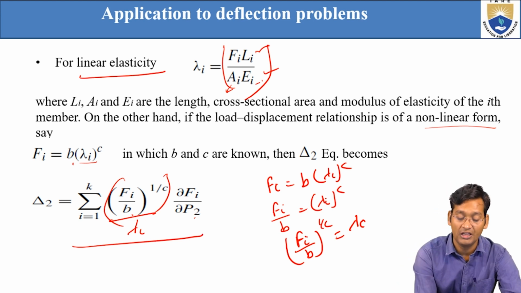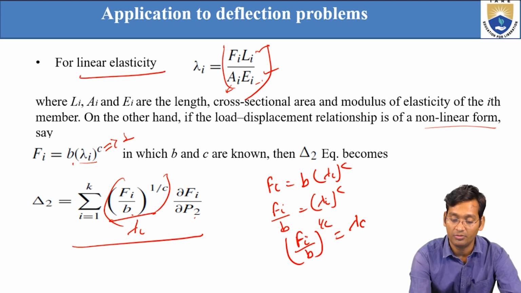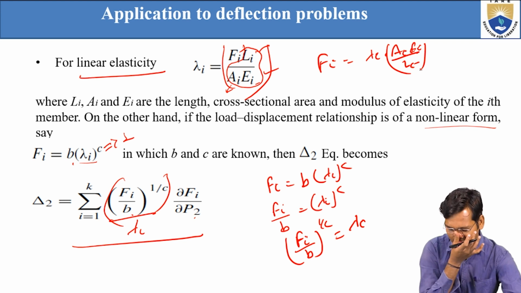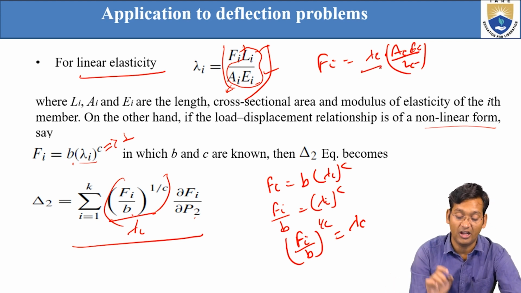If it is linear, then C will be equal to 1. Then Fi will be B into lambda I, where B is lambda I AI EI by Li, so this part is only B, if it is linear.